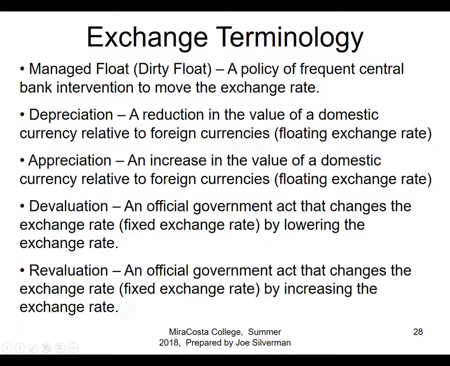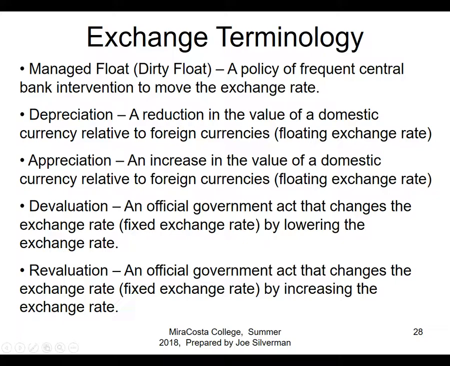If a currency is operating under a floating exchange rate system, and it goes down in value relative to other currencies, we say that that currency has experienced a depreciation. If, on the other hand, this currency floats but it goes up in value relative to other currencies, we say that it has appreciated in value.